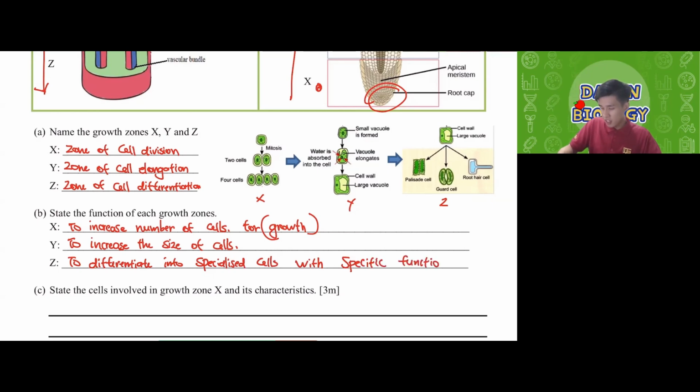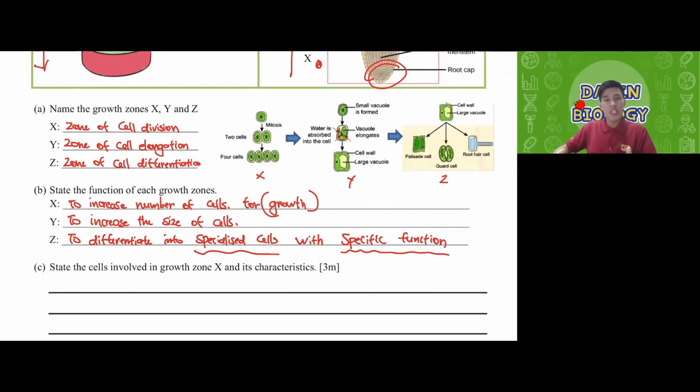So every cell here is specialized. They have their own role. It's like a doctor gives people medicine, cures people's sickness. Very specific, very specialized function. So every occupation has specific roles. Same with the cells here. Every cell is very specialized for its own specific function.